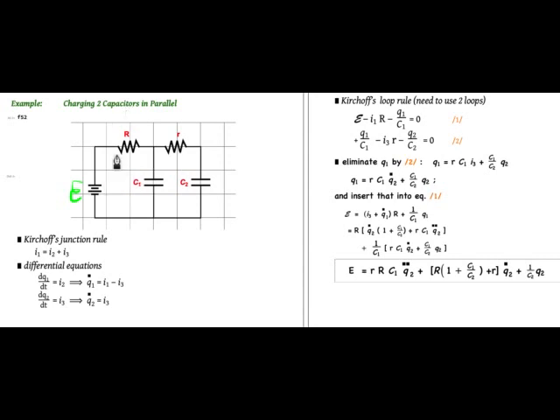So when we connect the battery, there'll be a current coming out of the positive terminal and going into the negative terminal. And we'll call that current I1. Now, at this junction, the current I1 will split into two parts.